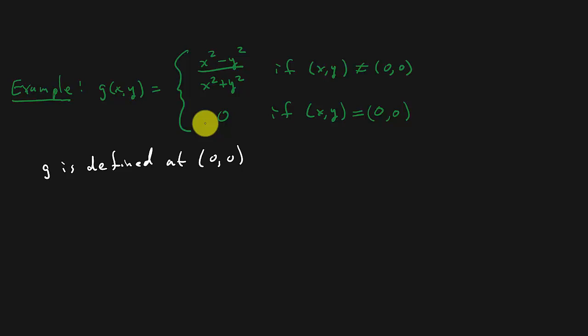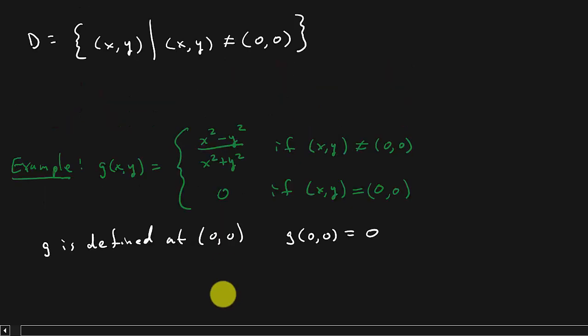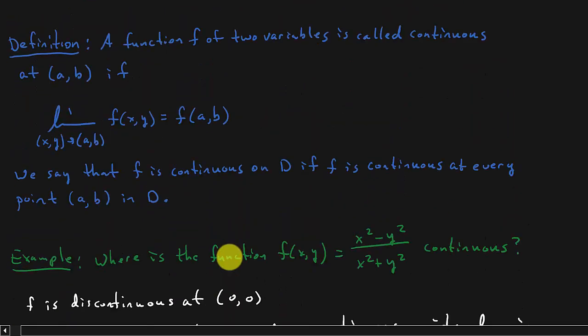All right, but now what do we have to show? Well, remember, g(0, 0) is equal to 0, right? That's what it's telling us. If we plug in (0, 0), we get 0 as an answer. And what does it say up here? It says, okay, we got 0 here. Now that's what the limit has to equal.